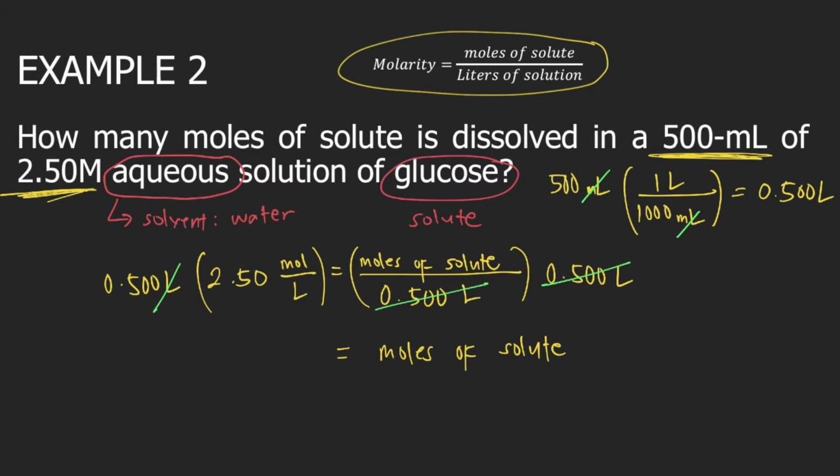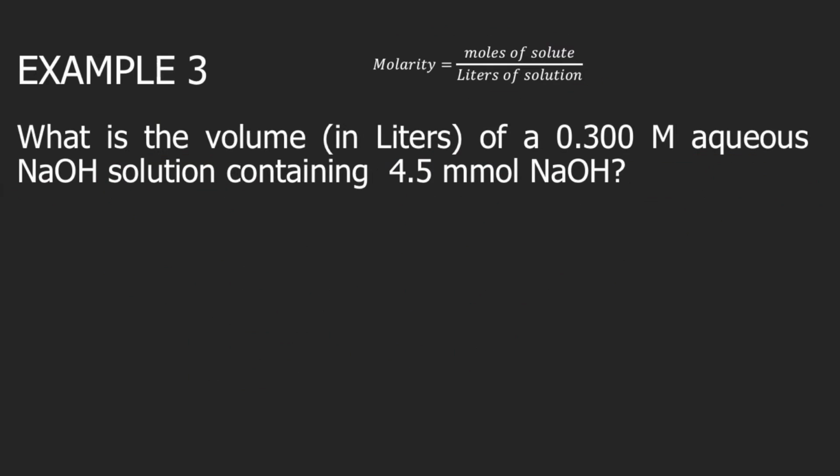So liters will cancel, and the remaining unit is moles. So 0.500 times 2.50, that is equal to 1.25, and the unit is moles. So the answer to this question is 1.25 moles.